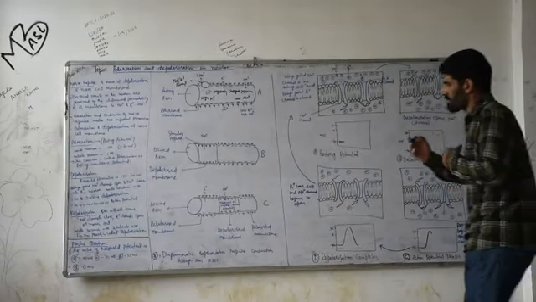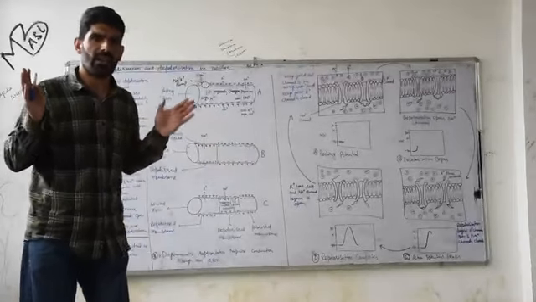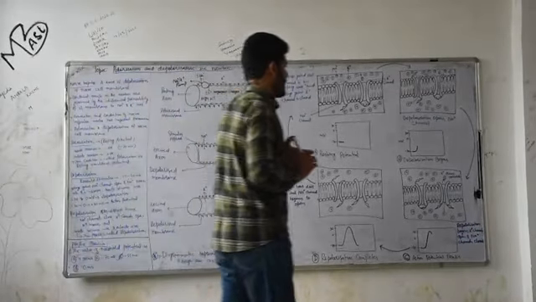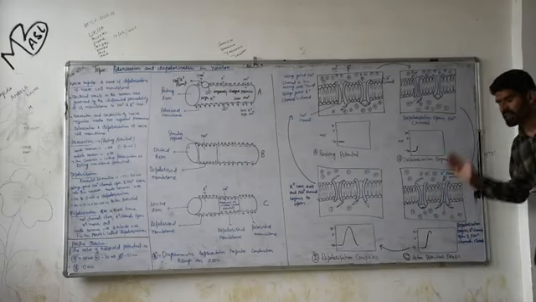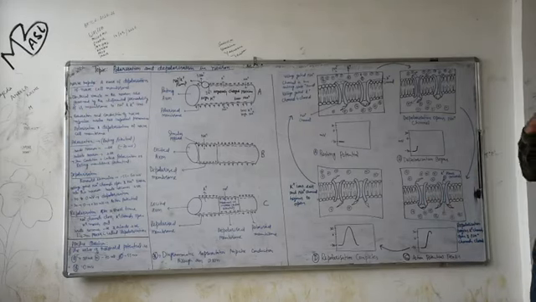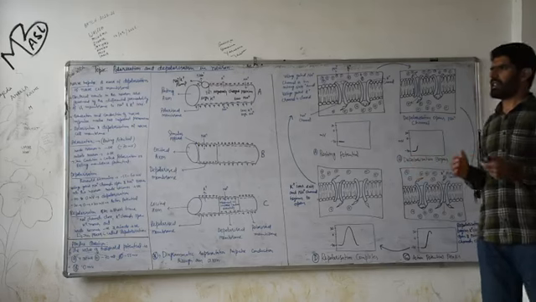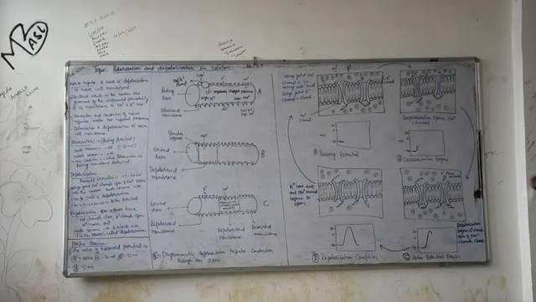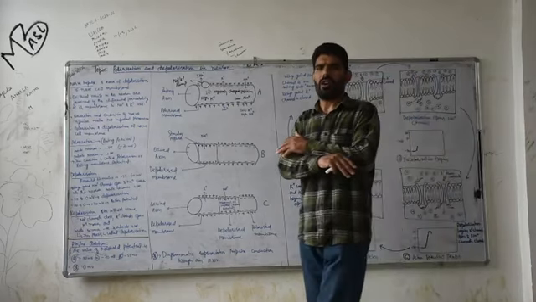Now, after some time, when the wave of depolarization travels, what happens? Sodium continues to move during the depolarization, but at a certain point of time, sodium influx slows down and stops. But at the same time, what happens? The potassium ion channels are open.